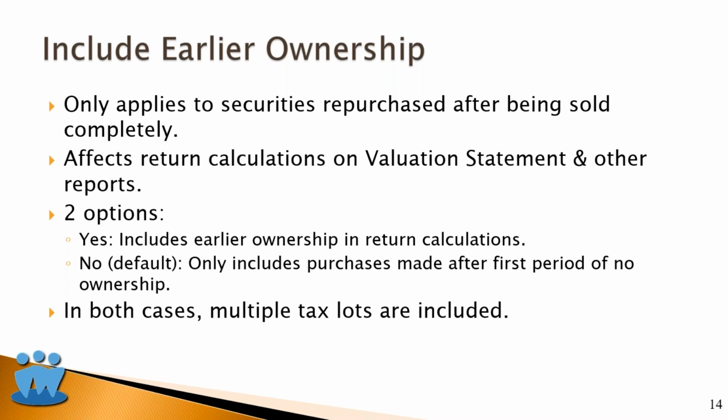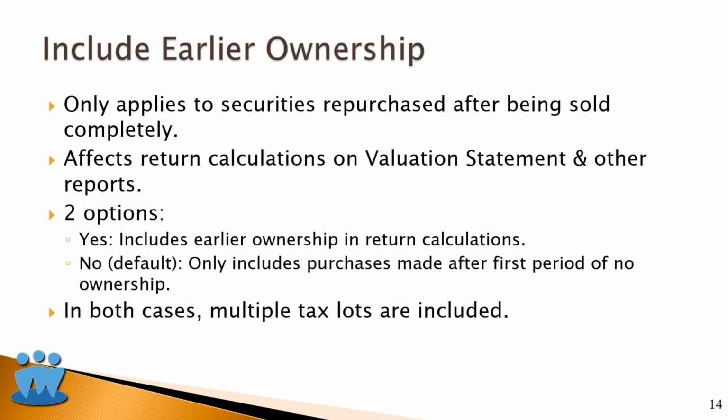And the rationale is that often clubs don't want to see the total return that they earn from a stock. Maybe they bought it, they sold it, it wasn't working out, they repurchased it later at a lower price, and since then it's done well. So they want to ignore that earlier purchase and focus on the gains that they've made from their current positions, the stock that they own right now.